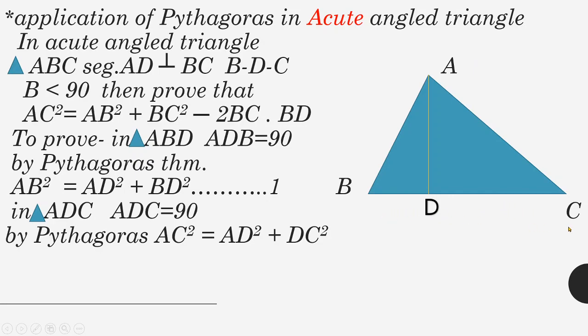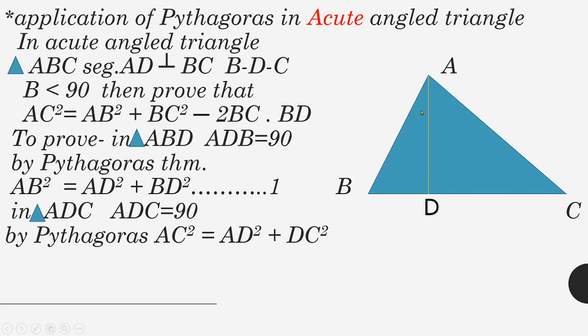B, D and C lie on the same segment BC. Because of this segment AD, we get two more triangles in the original triangle ABC.